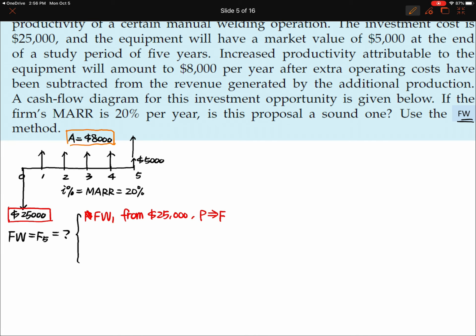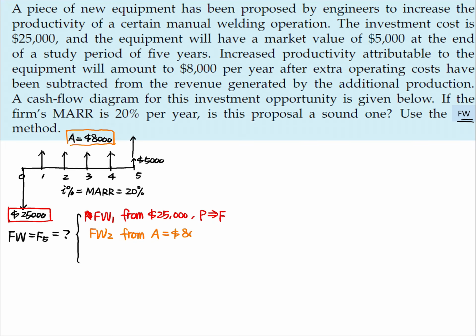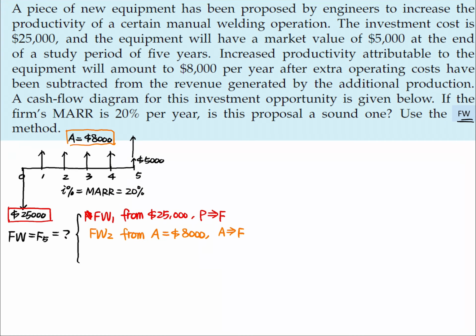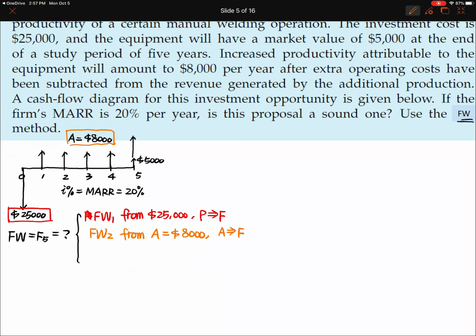And we want to convert that to the future value. And the second part is the 8,000 annuity. So you have FW part 2, which is from the annuity equals to 8,000, and it is annuity, and we want to convert that to a future value.